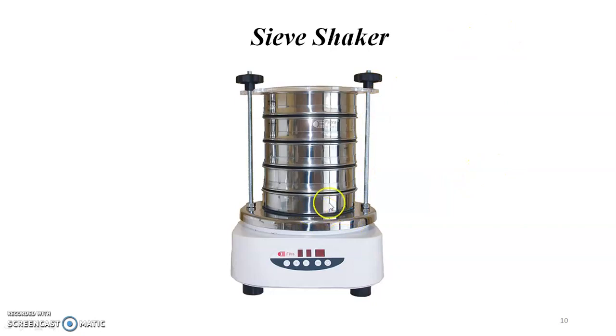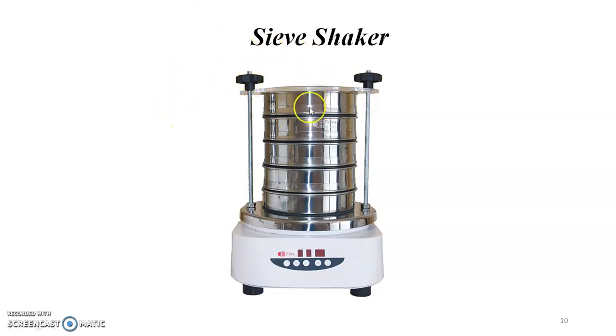The bottom sieve has a very high sieve number, which delivers particles having lesser particle size. Then above that, sieves with again lesser sieve number, and the topmost has the lowest sieve number.